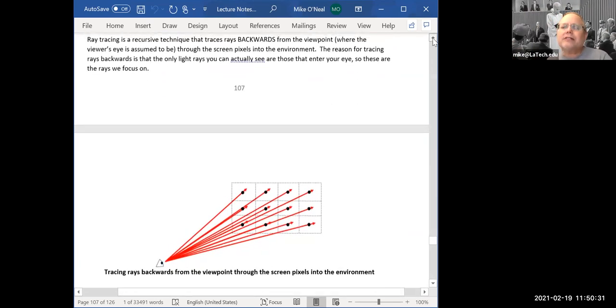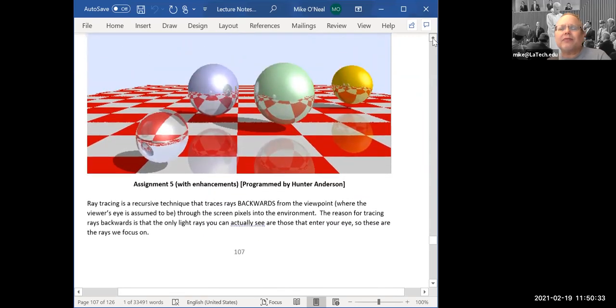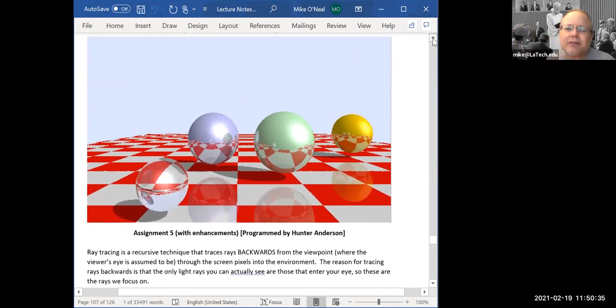Another thing here too, I'll just introduce it now. It's later in the write-up. But what about shadows? Where did they come from? Well, actually, you need a special ray that we hadn't talked about, a shadow feeler ray.